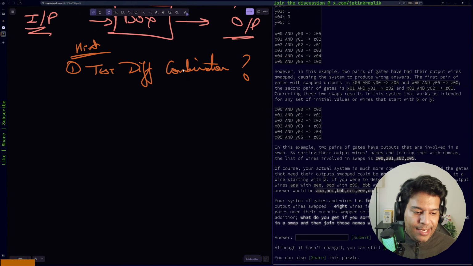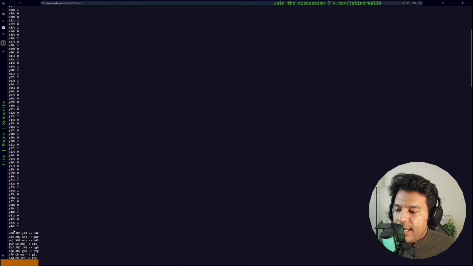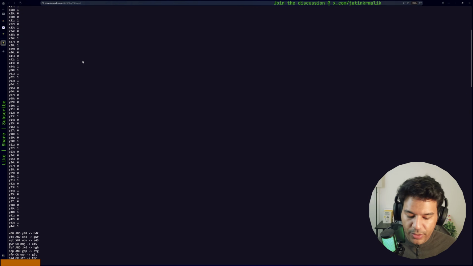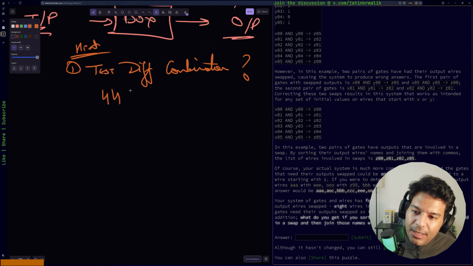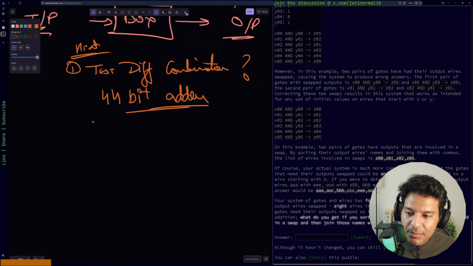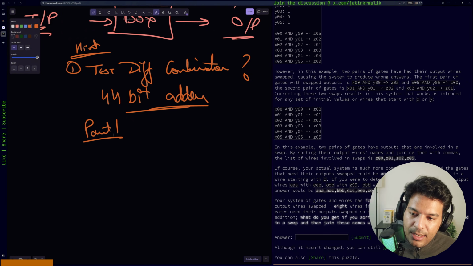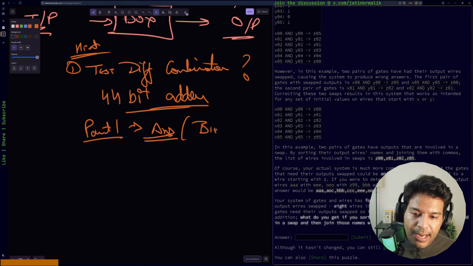And what I'm thinking is, looking at our puzzle input, we can see Y44 and X44, so it's essentially a 44-bit adder that we are trying to build. And if you ran part 1, we got some answer. So in part 1, we had an answer that we converted to decimal, but if we convert it back to binary, I think that is a good point to start with.